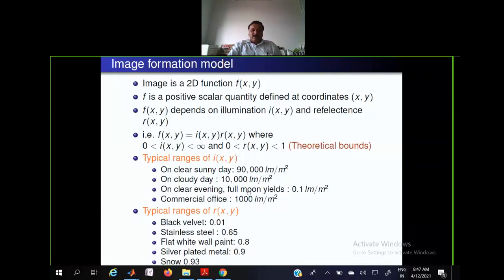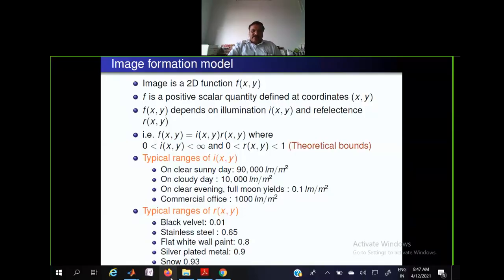On an evening full moon, it is only about 0.1 lumens. Full moon day, I think objects are visible, but still the amount of illumination is very less, 0.1 lumens. And when somebody builds a commercial office, usually the expected illumination is about 1000 lumens per meter square. So these are some typical values.